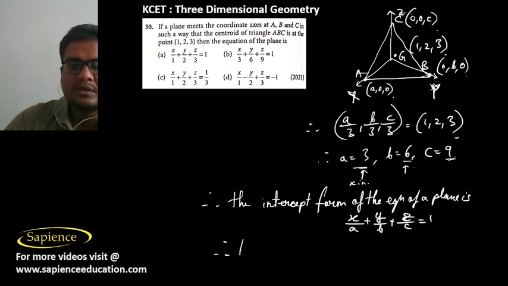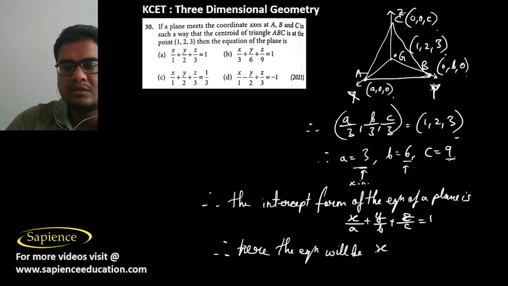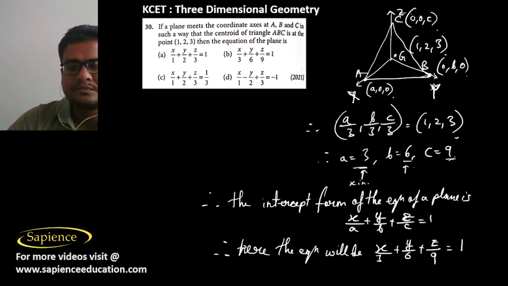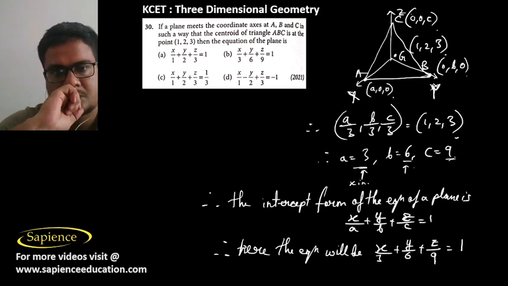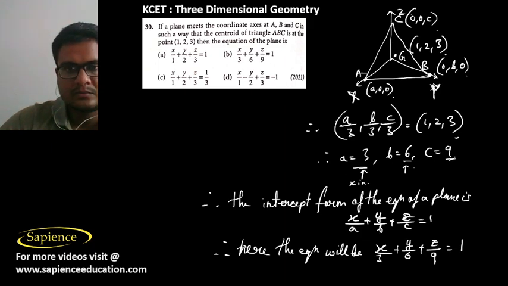So therefore here the equation of the plane will be x by 3 plus y by 6 plus z by 9 equals 1. Yeah, so option B is the correct answer.